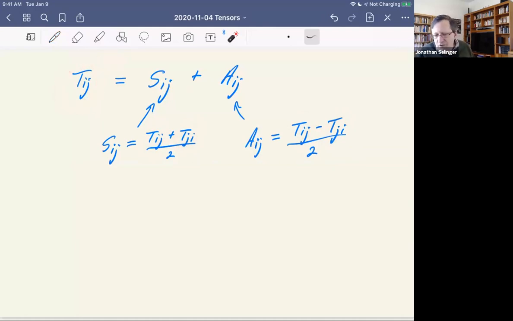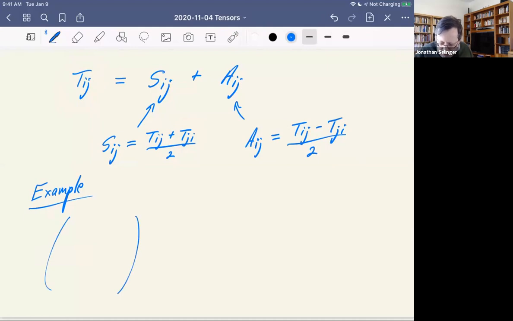To show you an example, if I come up with some random tensor that is neither symmetric nor anti-symmetric, 1, 2, 3, 4, 5, 6, 7, 8, 9, this is Tij.